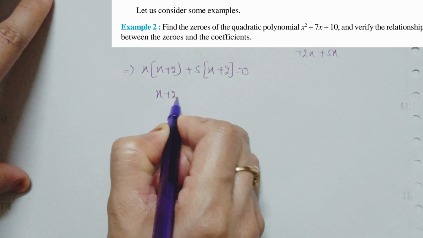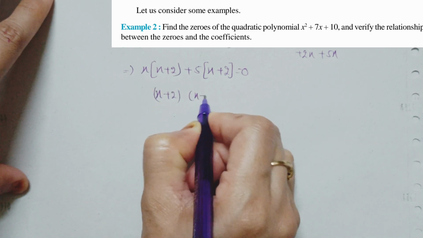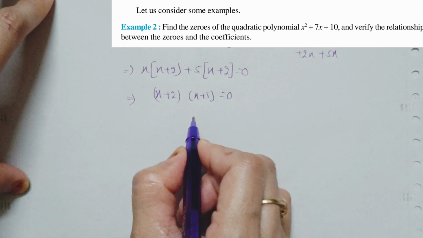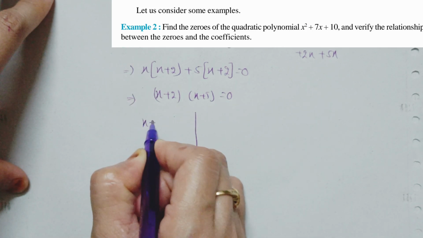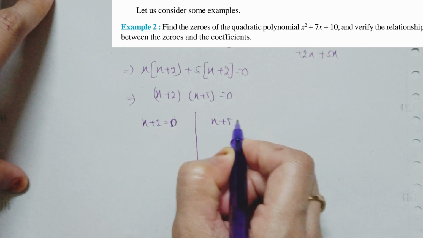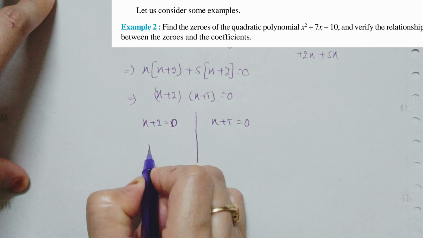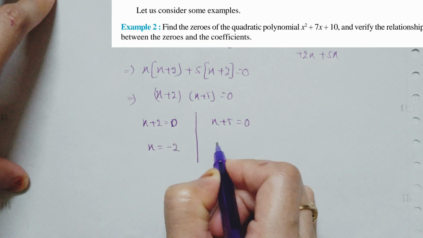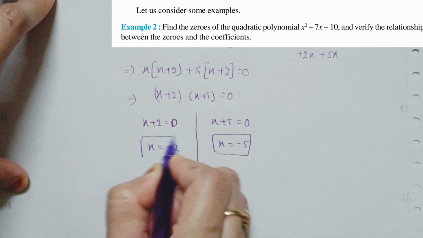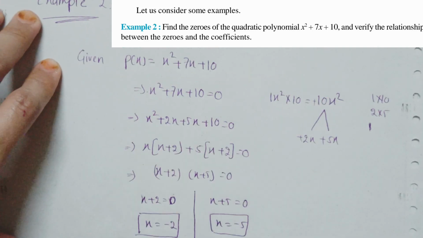So x plus 2 into x plus 5 equal to 0. Here two cases arise: x plus 2 equal to 0 and x plus 5 equal to 0. Therefore x equal to minus 2, and x equal to minus 5. These two are the zeros of this polynomial.